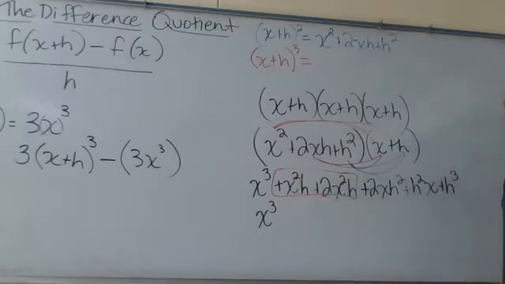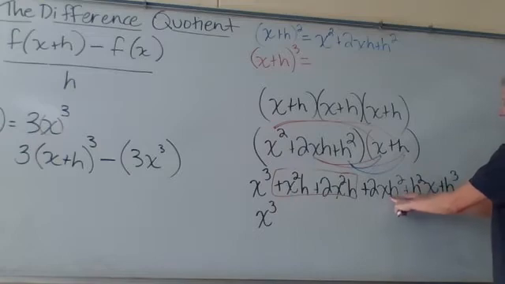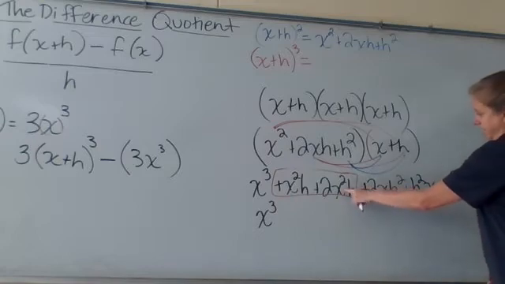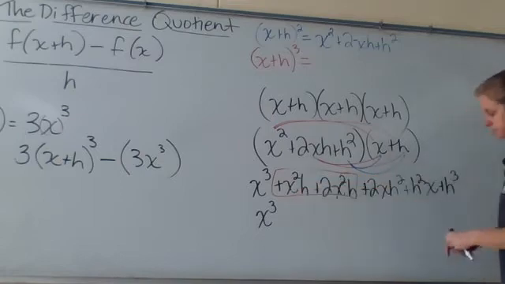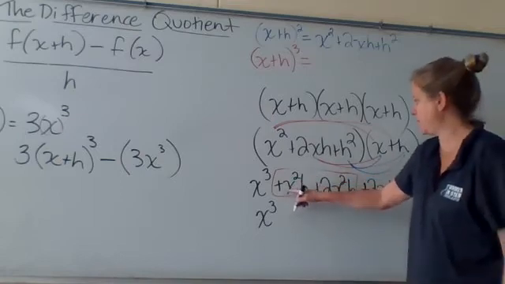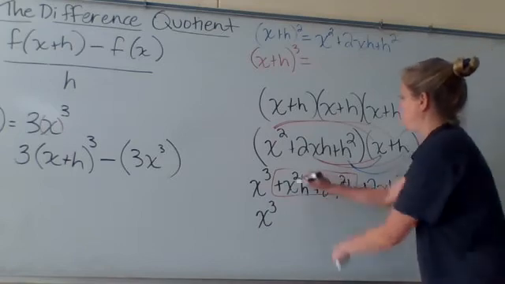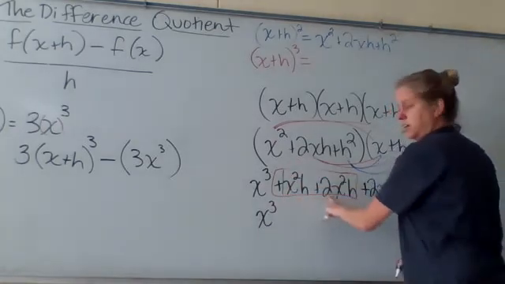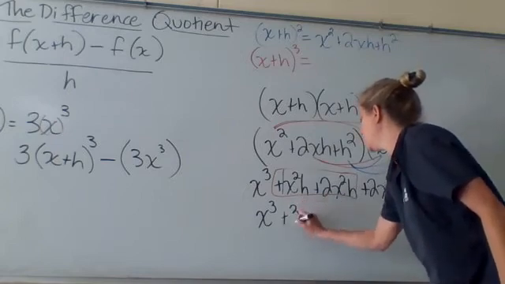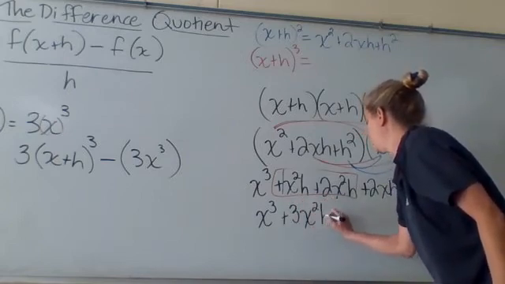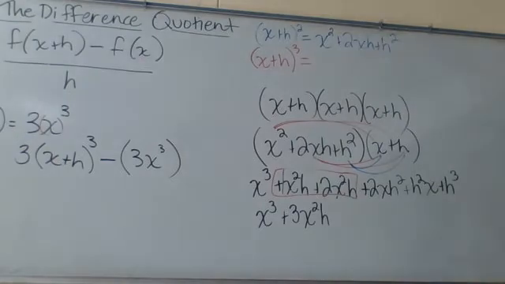That's why they're like terms. Here, the h is squared, not the x. So that's why I don't put these with these. So let's see, how many x squared h's do I have? I've got 1 here and 2 here. So together, I've got 3 x squared h's.